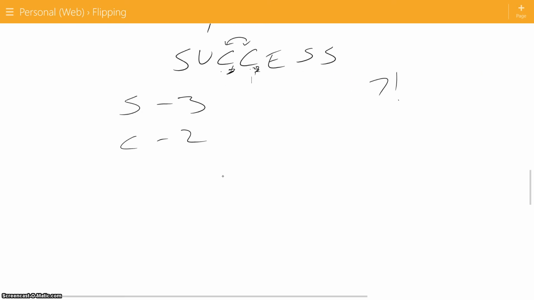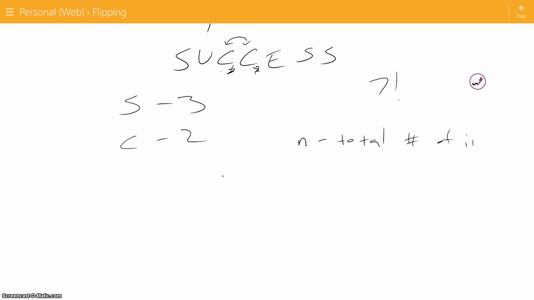And what we can do for this is, again, our total number is going to be n. That's our total number of items. And I'm going to count my repeats. So this is repeating item number 1, so number of repeating item 1. In this case, my S's.